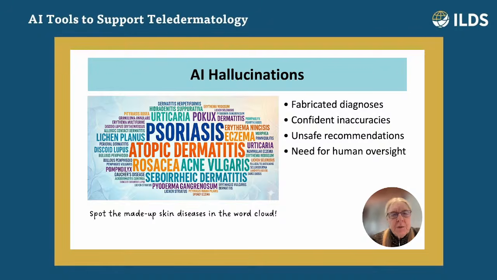As a last step, let me tell you about hallucinations. Yes, they exist. Fabricated diagnoses, confident inaccuracies, and unsafe recommendations. We must use human oversight here. So I asked a GPT to produce a word cloud of skin diseases and asked it to not include any lesions. And it's got lots of made-up skin diseases in the word cloud and spelling errors.